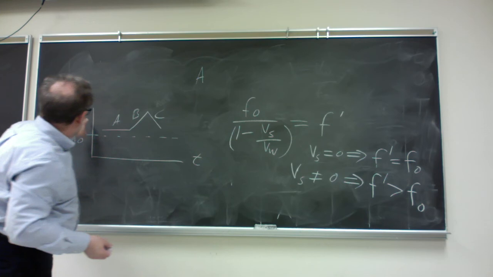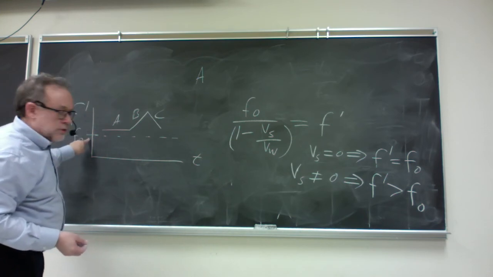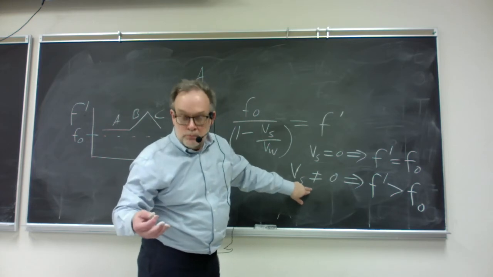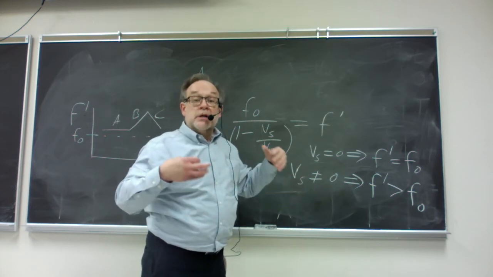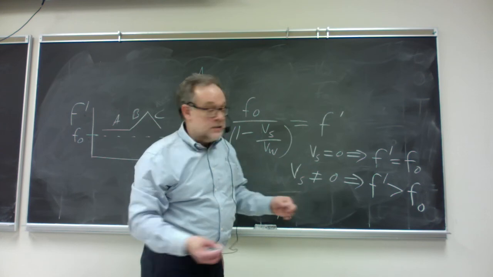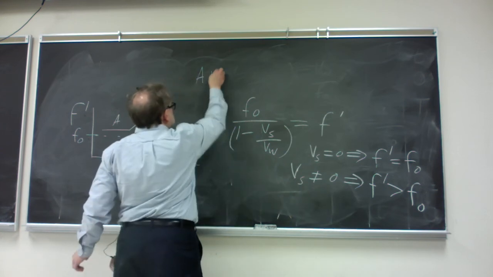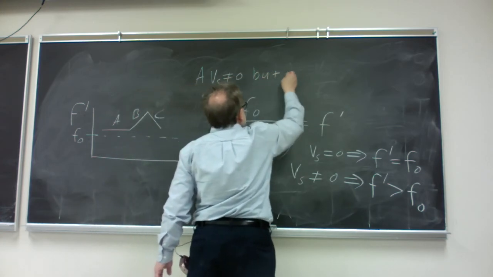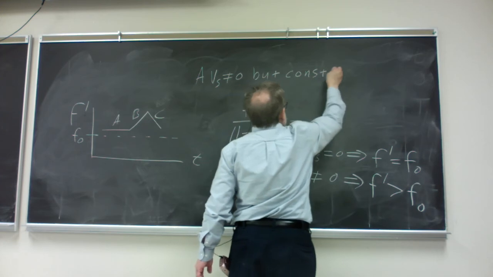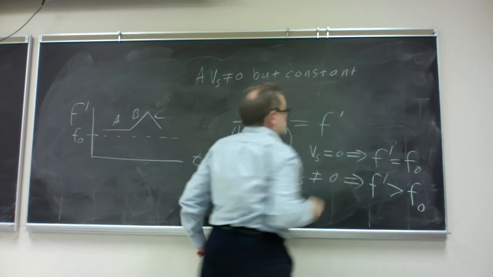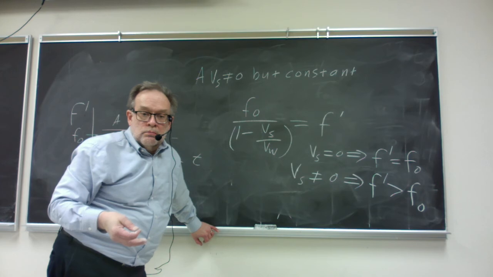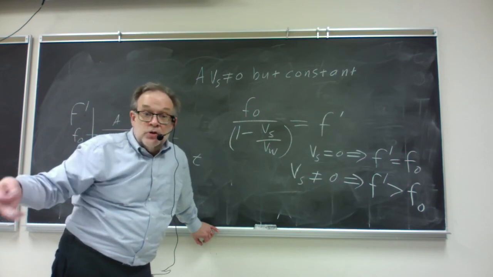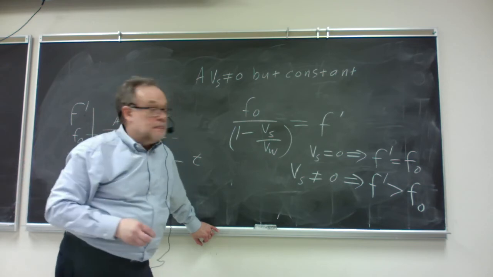But since the perceived frequency is greater than the actual frequency of the source, we know the source is actually moving, but it's moving at a constant velocity. There is motion of the source, so there is a Doppler effect, but it's a constant Doppler effect because what the source is doing isn't changing.